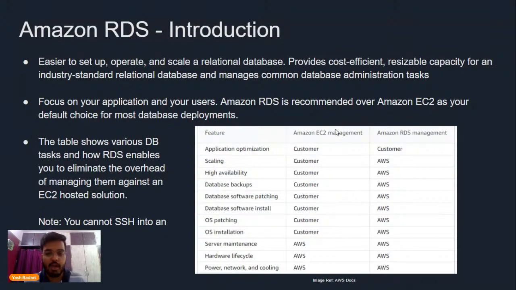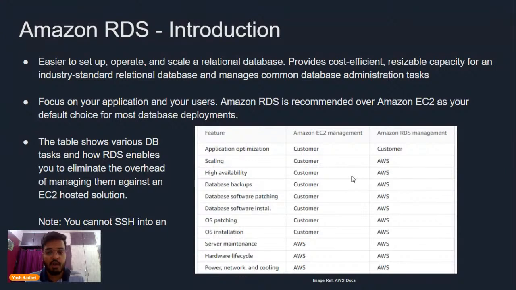This is the table where you see the differences of why you should use RDS as against EC2 for hosting your databases. Note that this is a managed database service, so you cannot SSH into this instance. This is not like your EC2 instance where you can SSH.